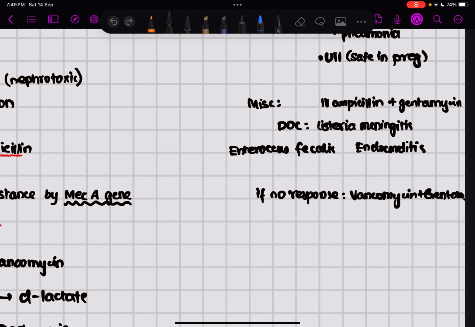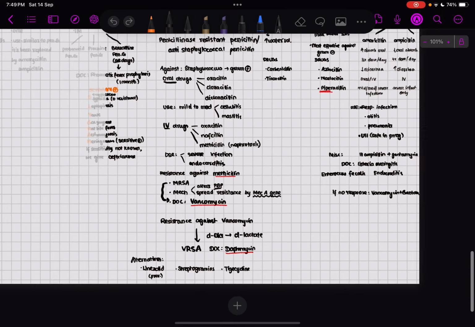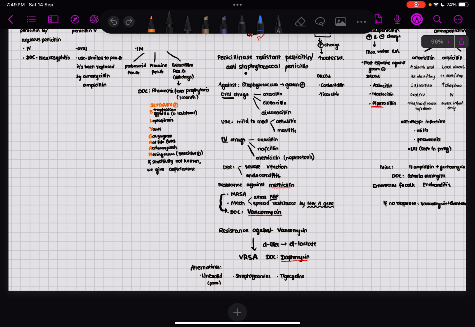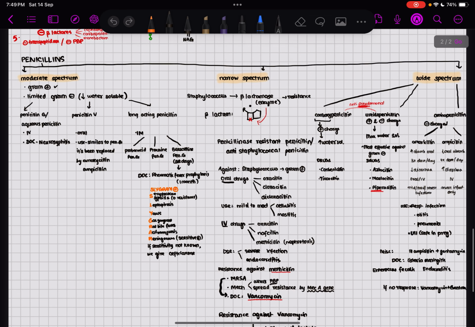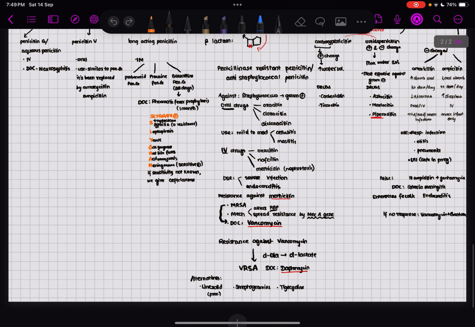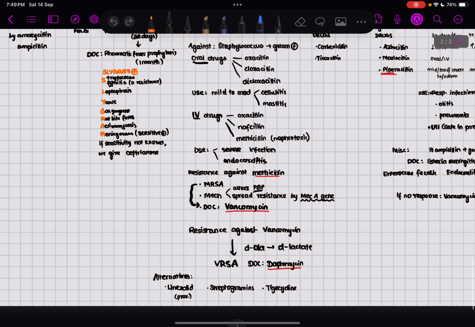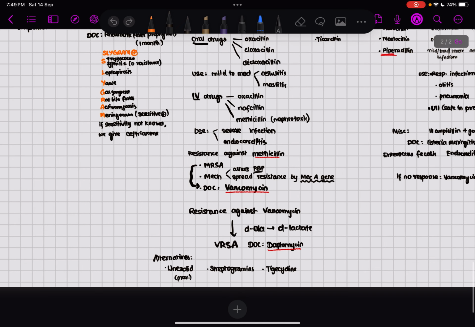Then the mechanisms of resistance we had seen here. There is production of beta lactamase or penicillinase enzyme. They cut the beta lactam ring, so penicillin G becomes ineffective, and thus we use the narrow spectrum ones. There is resistance against methicillin by altering the penicillin binding protein, and the resistance is spread using the mecA gene.